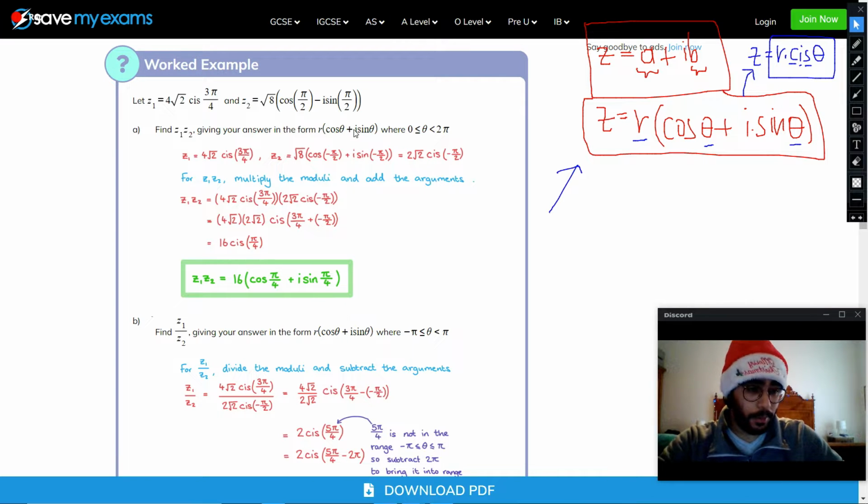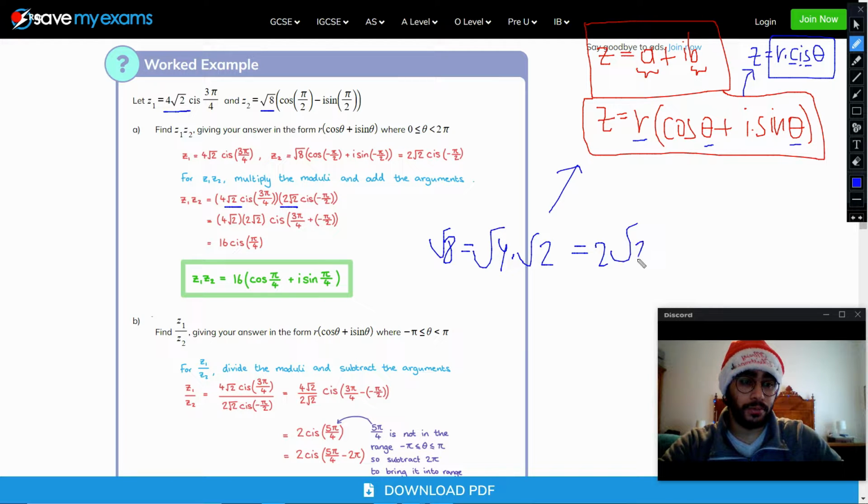Since we are multiplying two complex numbers in the polar form, it's sufficient to multiply simply your moduli. So 4 root 2 times 2 root 2, right? Because root 8 is the same thing as root 4 times root 2, which is equal to 2 root 2. So it's sufficient to multiply 4 root 2 with 2 root 2 and then add the angles.